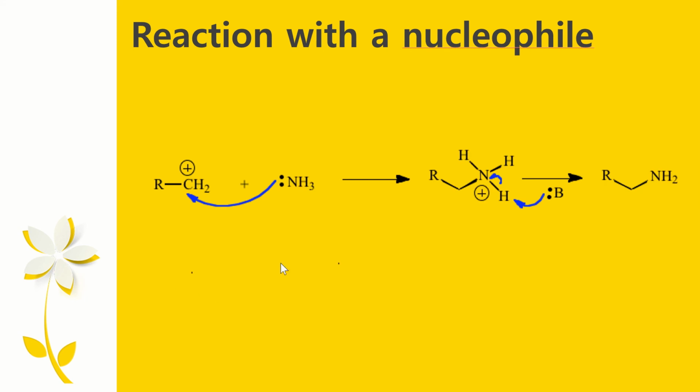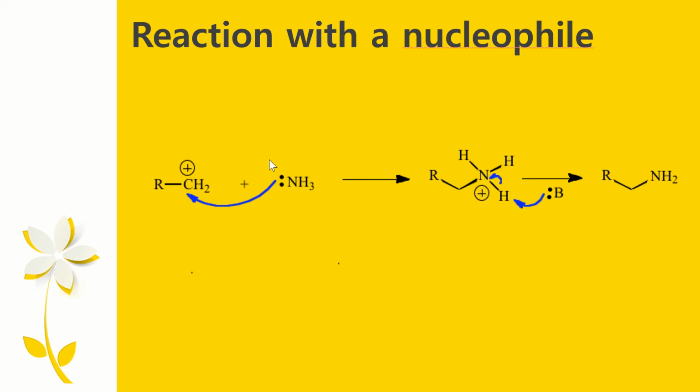Also, another nucleophile is ammonia, right? So from this, we can form a primary amine. The carbocation here can undergo attack from the ammonia, and form our ammonium ion here, which is a nitrogen with a plus charge.